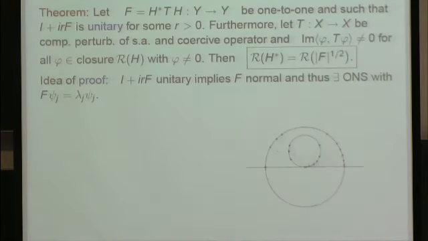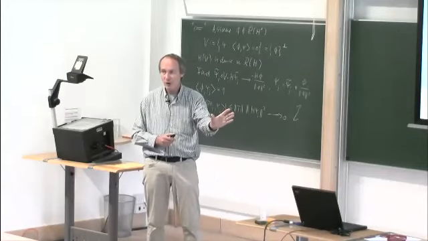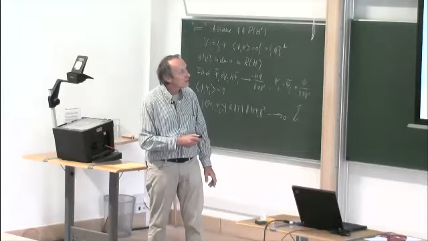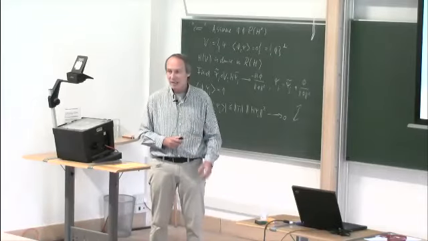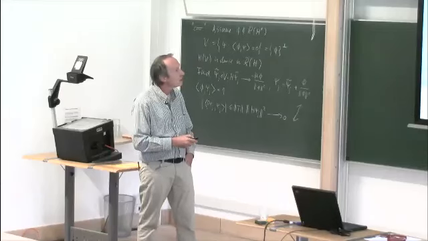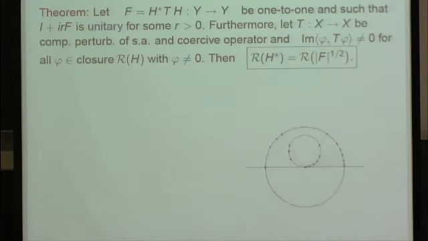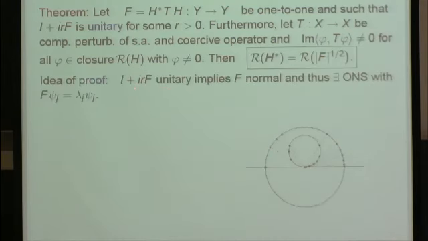If you have a compact perturbation of a self-adjoint coercive operator, and you have this additional condition there, then you can prove that this generalized condition is satisfied. Okay, this is the first step. And the second step is F is normal. That follows from the unitary here.